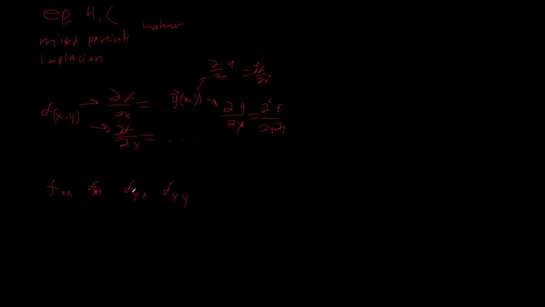So we have 4 different combinations, and we're actually going to see this is actually 3 because these are the same. But if we had 3 different variables, x, y, and z, we have more and more combinations the more variables we have.